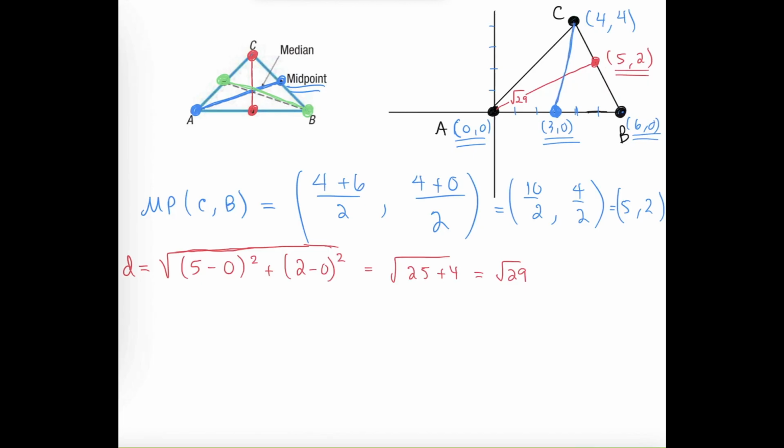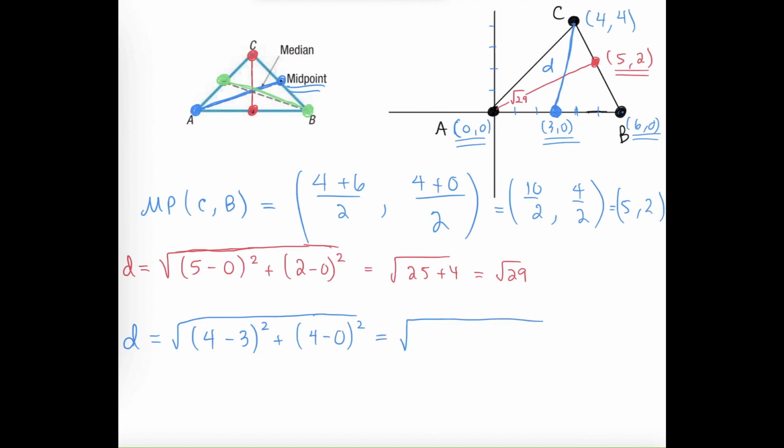Let's do this one in blue. That length is going to be determined by the distance formula. So we'll say it's the distance between point C, which is (4, 4), and this midpoint on the opposite side, (3, 0). So let's say C is the second point, and we'll go x2 minus x1 quantity squared plus y2 minus y1 quantity squared, right? We're going for the distance between this point and this point.